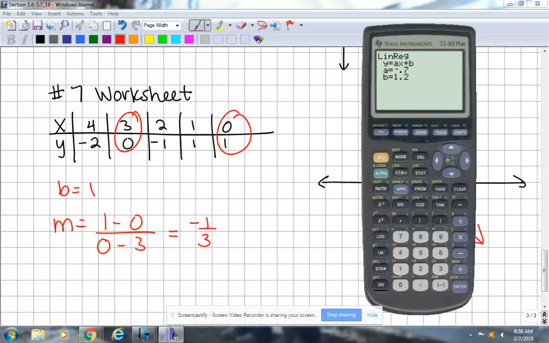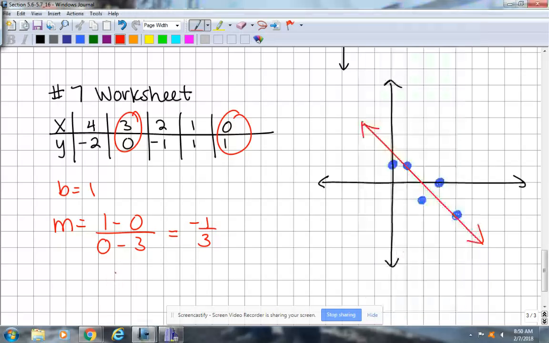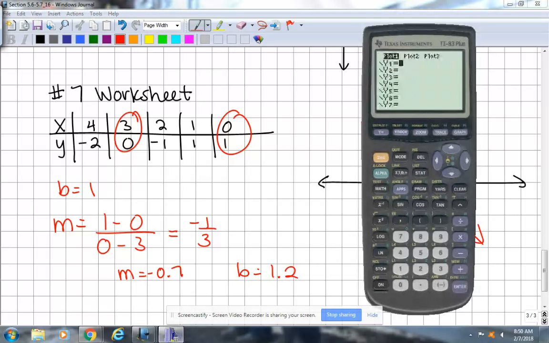Now, something else really cool. If you write down the slope they gave you, they said M was negative 0.7. And what did they say B was? 1.2. And then you go to Y equals. If you have it all cleared out. Now, if you've got junk in here, it's not going to work.